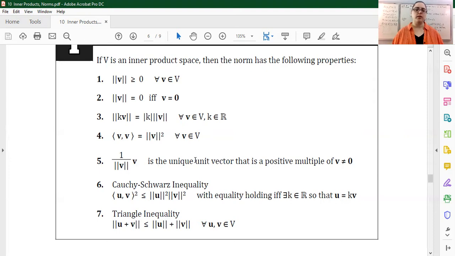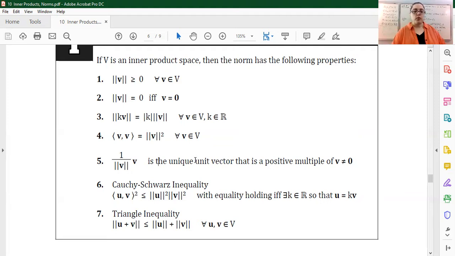In our class, we're not going to be using this too much, but it is one of those important and fundamental properties of linear algebra. In fact, if you go on to study more math, you will see the Cauchy-Schwarz inequality in lots of different spaces.